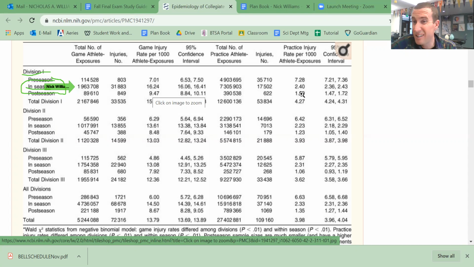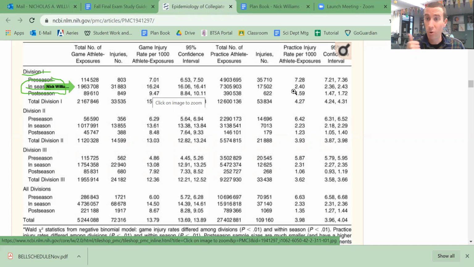So does that make sense? I would say yes. I notice that it's about 8 times, maybe 7 times more likely to get hurt in a game than in a practice. And that makes logical sense because I would guess that athletes are trying way harder during games.